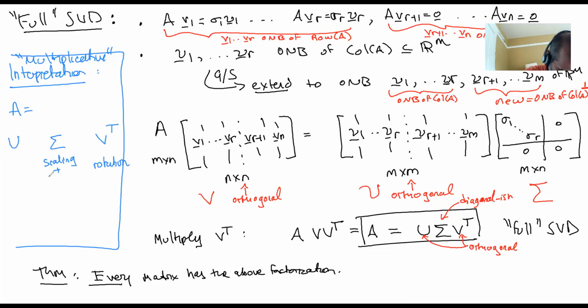Plus, change m to n, basically, either by adding zeros or cutting some coordinates. And then this is another rotation. So what this is telling you is that every matrix looks like that. And that is quite an amazing fact, right? Because we saw that matrices can represent tons of different things. But what this is telling us is that every matrix is just a rotation, some scaling, and then another rotation.